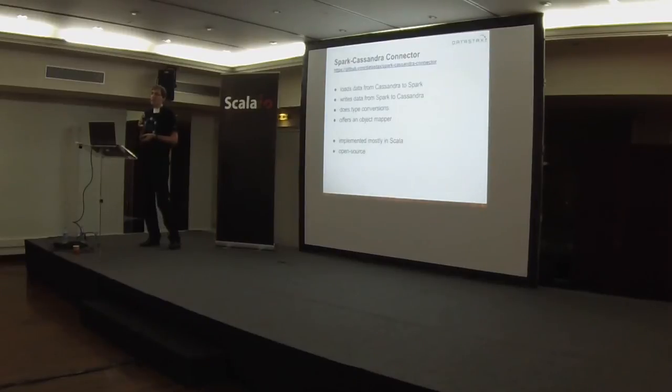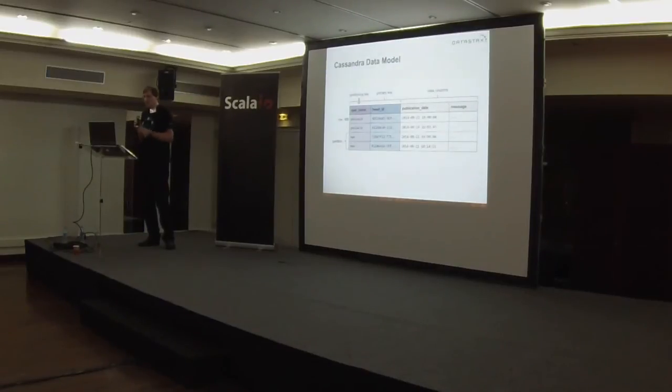But we didn't want to just wrap a Java driver and use Java code from Scala with native Java conversions, but we try to provide our own API that fits better in Scala. It's also implemented mostly in Scala, so we have additional Python and Java APIs, but I won't talk about them today.